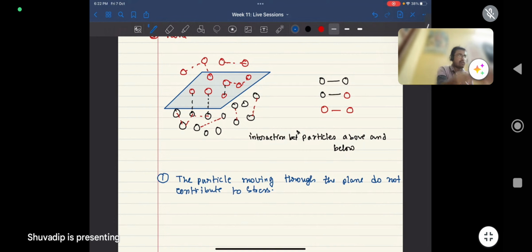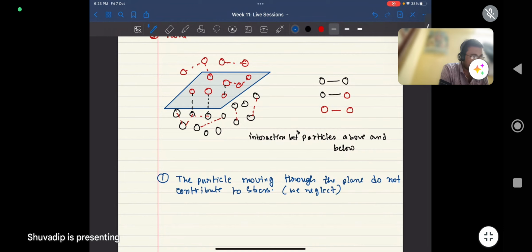So when some particle is moving through the plane, crossing the plane, that is also causing some stress, but we are neglecting that part. So this is what we neglect here.